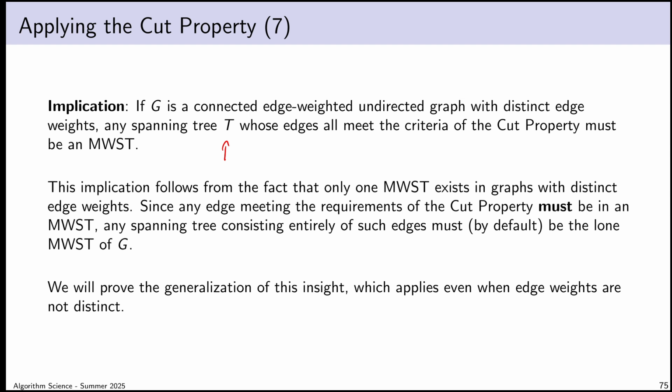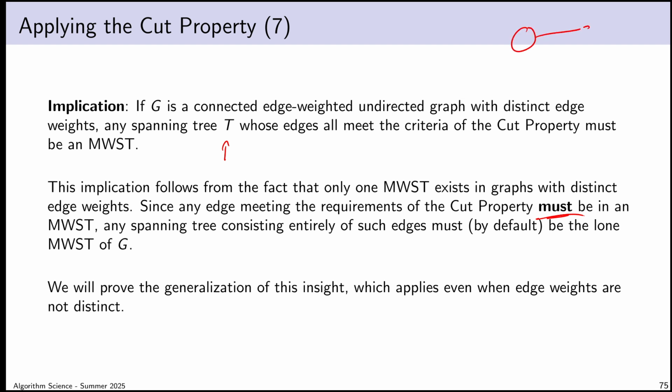And that follows from the fact that you only have one minimum weight spanning tree in graphs with distinct edge weights. And since any edge meeting the requirements of the cut property must be in some minimum weight spanning tree, if there is only one minimum weight spanning tree, and you find all edges where the cut property applies, you will have found the minimum weight spanning tree. The problem is that we don't know on the surface that that is also the case for a graph that has multiple minimum weight spanning trees.